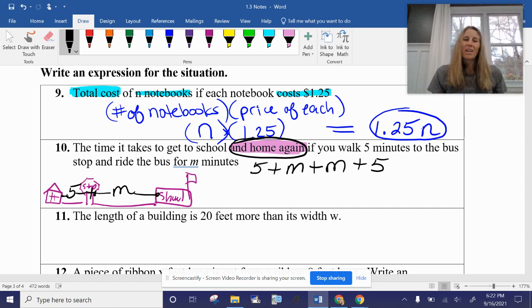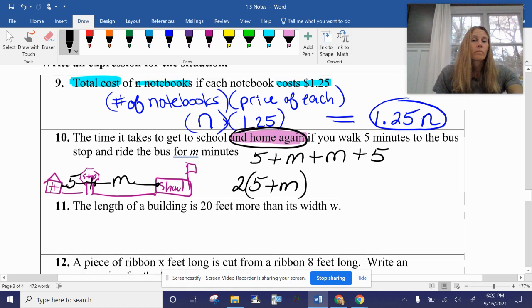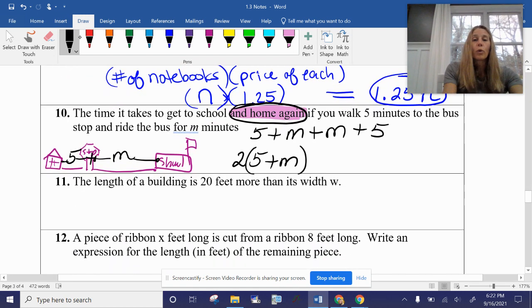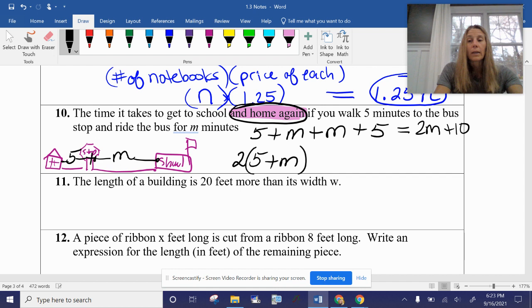But if you're going to do the same thing twice, instead of adding it on again, you could just do 5 plus m, which is your way to school, and then double that by multiplying it by 2. Now, if for some reason you wrote it out this way, and then you simplify that to like 2m plus 10 by combining like terms, that would be an acceptable answer as well.